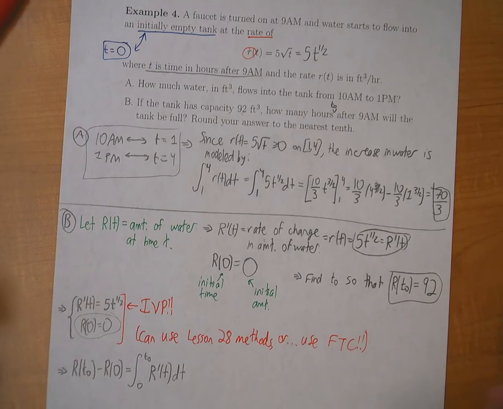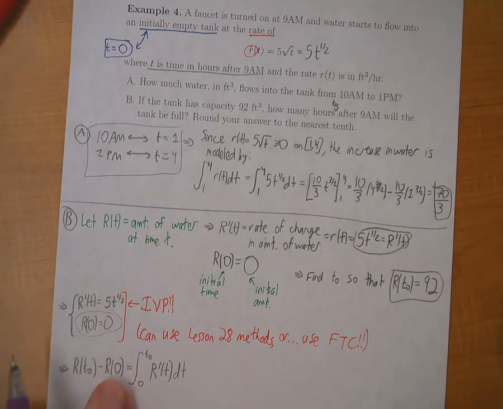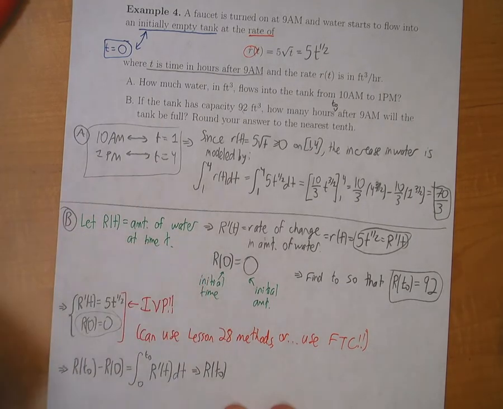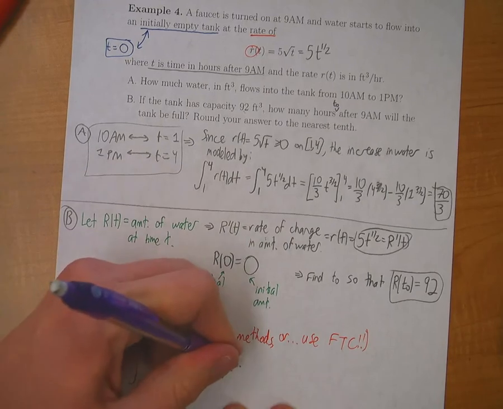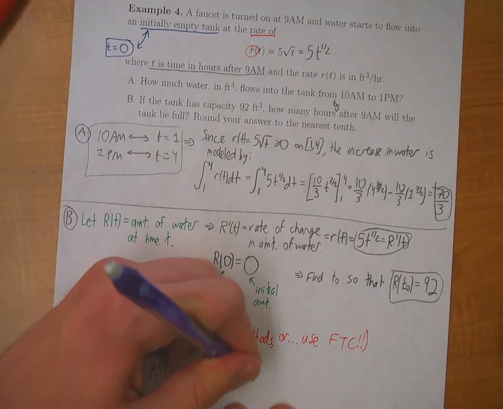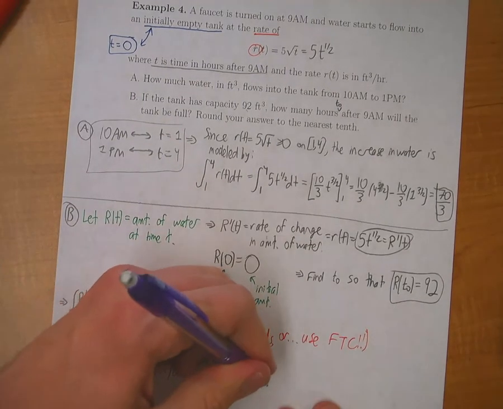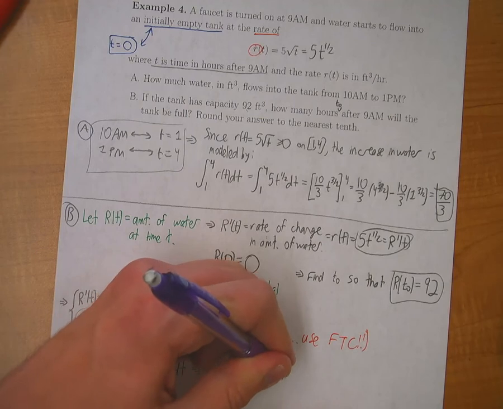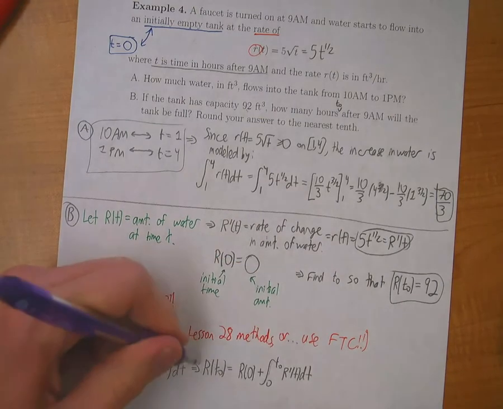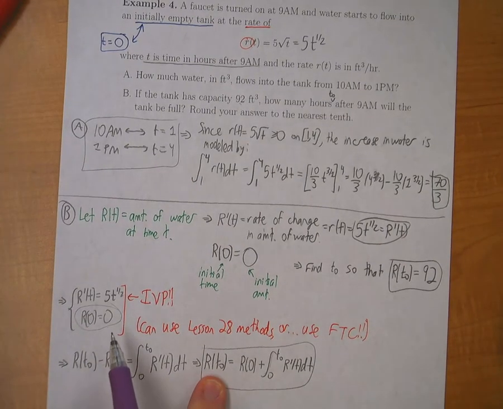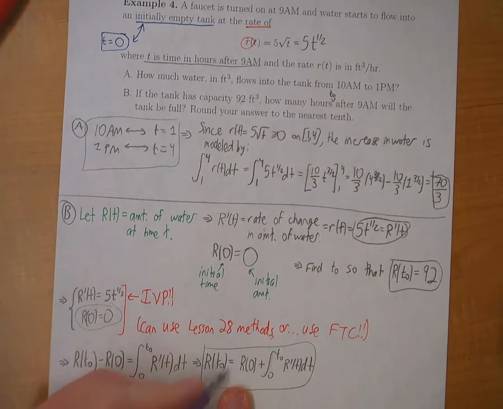So if we then subtract this R of 0 over to the other side, we have R of t naught equals R of 0 plus the integral from 0 to t naught of R prime of t dt. What that tells us is that now we can essentially find the amount of water in the tank at time t naught.